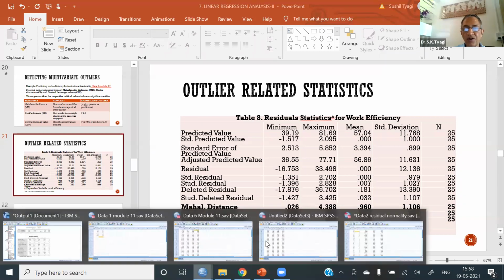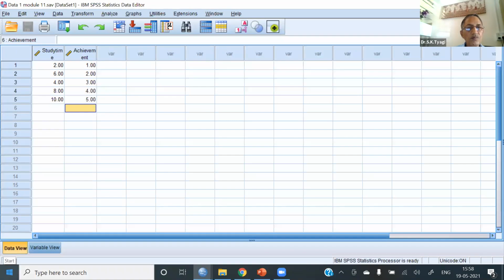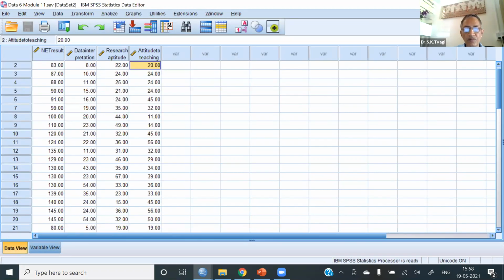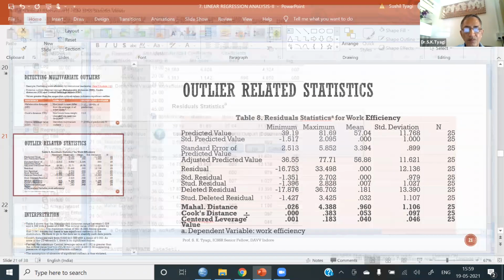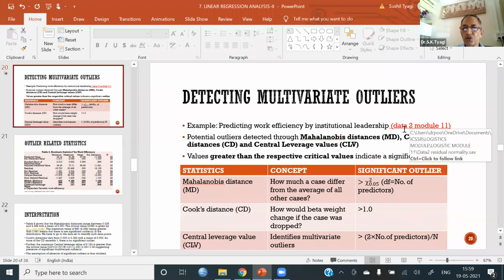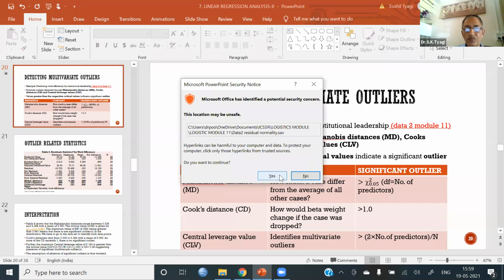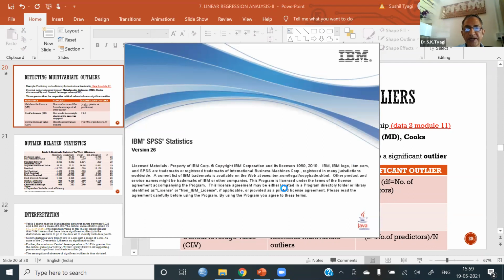If we go to the data, so many windows were open, I closed them, but I deleted that particular file also.